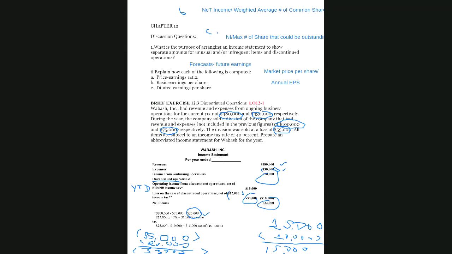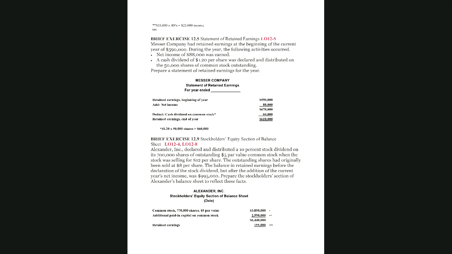Our exams will have theory questions as well as calculation questions. And again, this is just the calculation for the earlier problem, the $55,000 loss times the 40%, the income tax savings in this instance, because this is a negative amount.